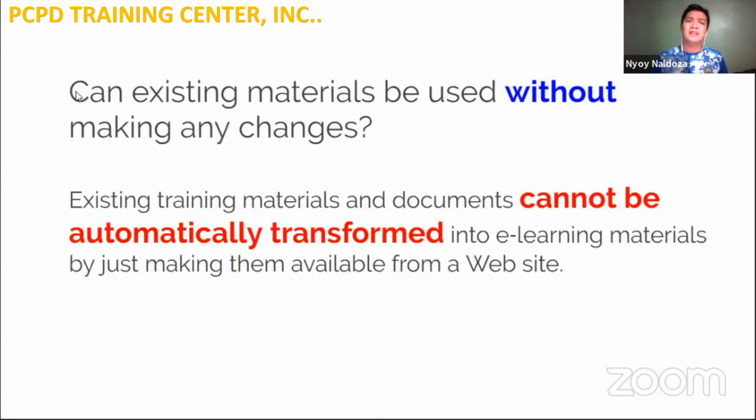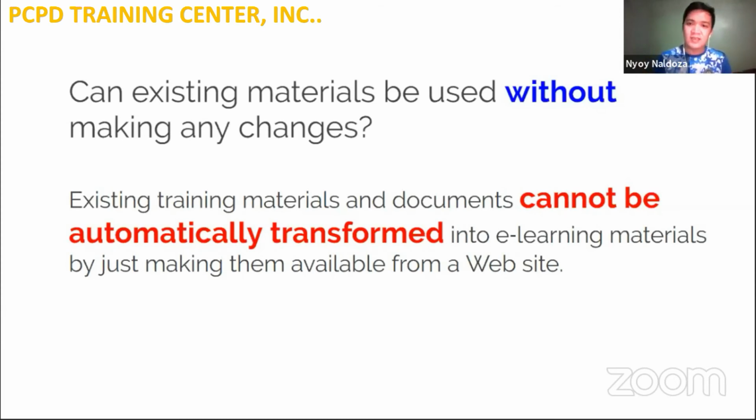Now, can an existing material be used without making any changes? Actually, hindi. Halimbawa yung libro, yung hard copy ng libro, gagawin mo siyang digital copy. Pwede mo na ba siyang gamitin para maging main resource sa mismo online learning?